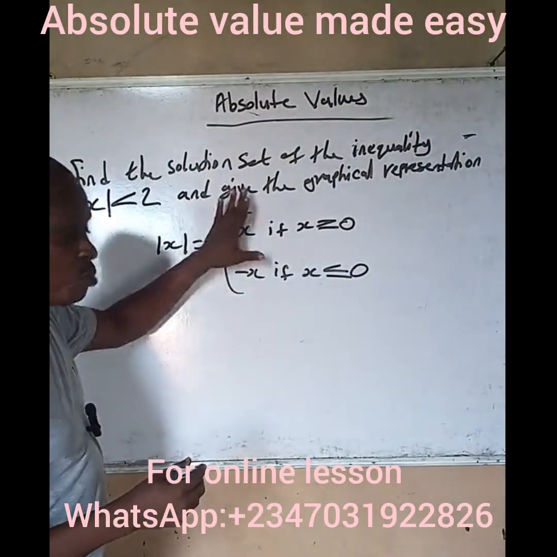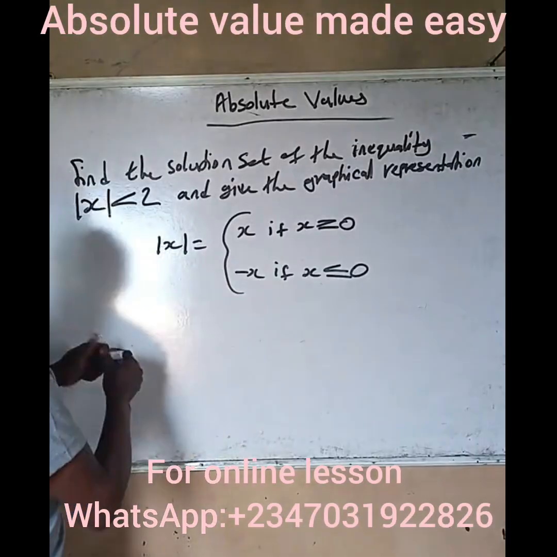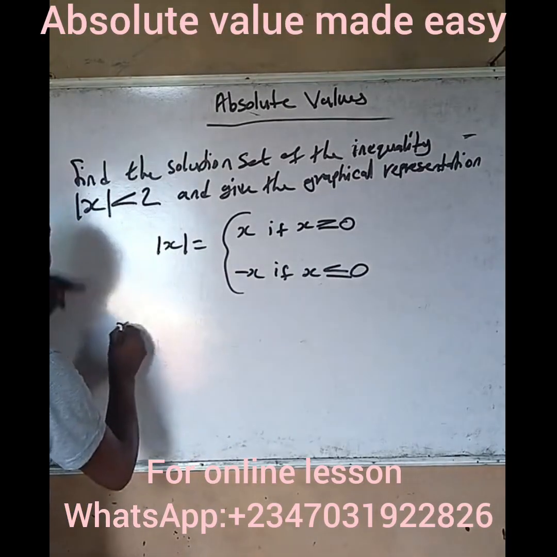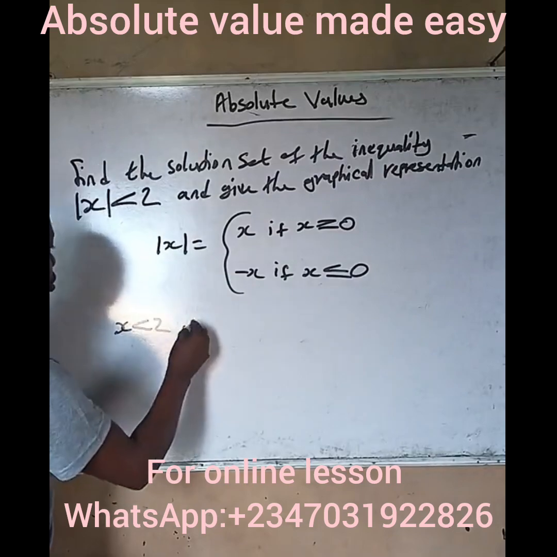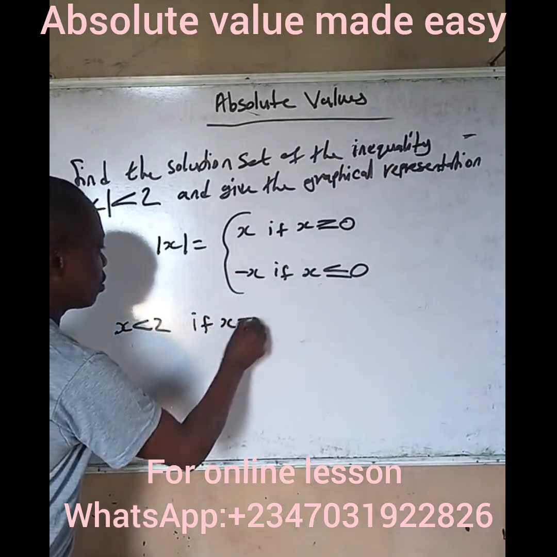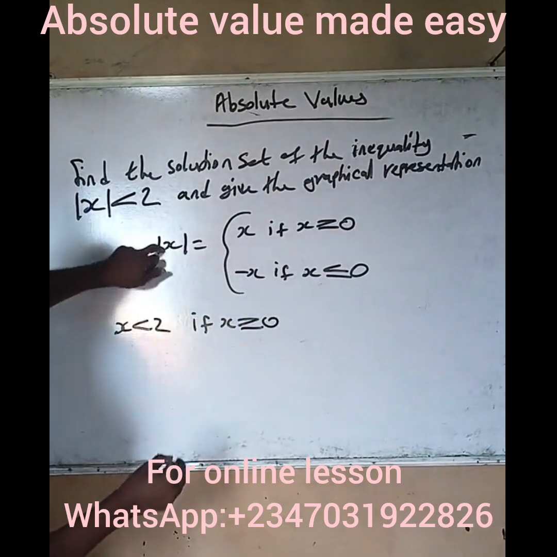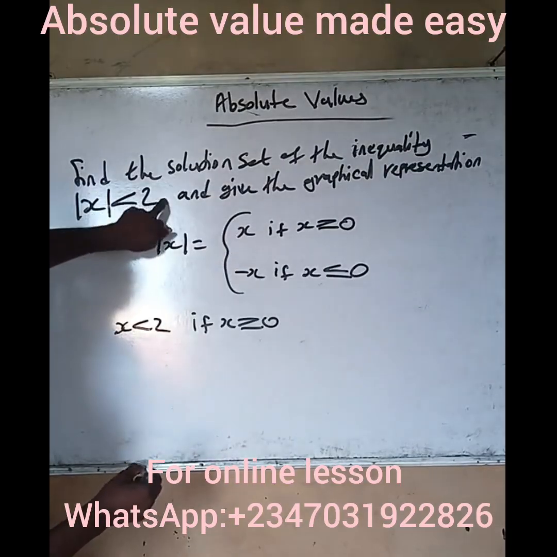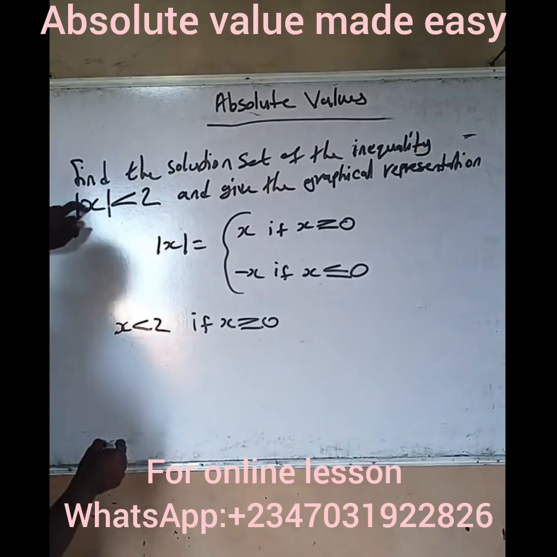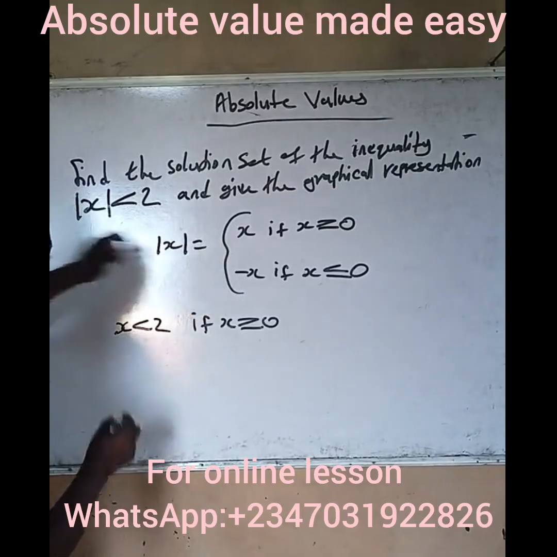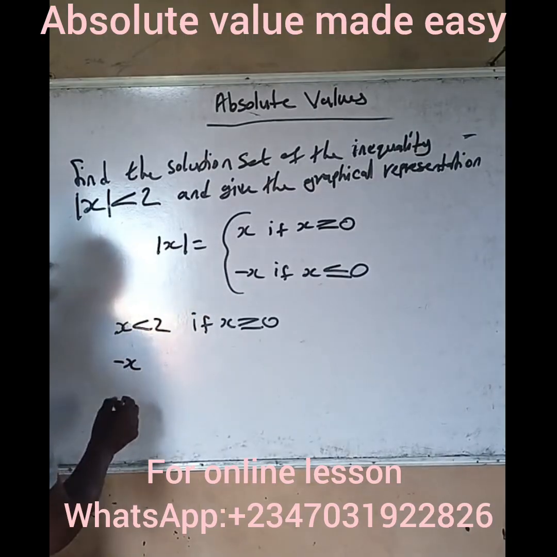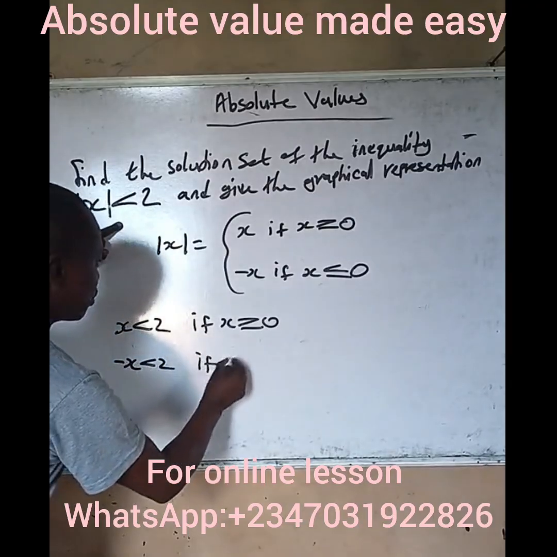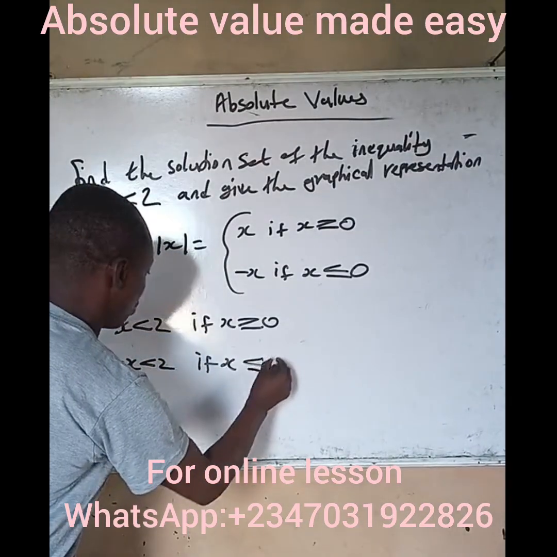What it means here is that the absolute value of x will be less than 2 if x is greater than or equal to 0. That is this first one: the absolute value of x equals x, and it's less than 2. And again, this same absolute value of x will be equal to minus x. Minus x is less than 2 if x is less than or equal to 0.